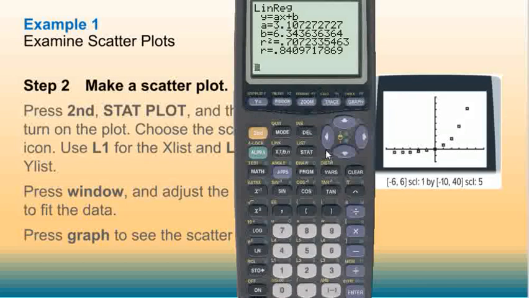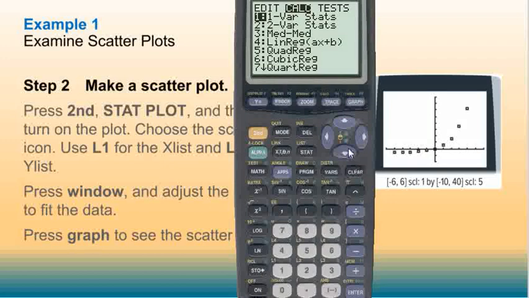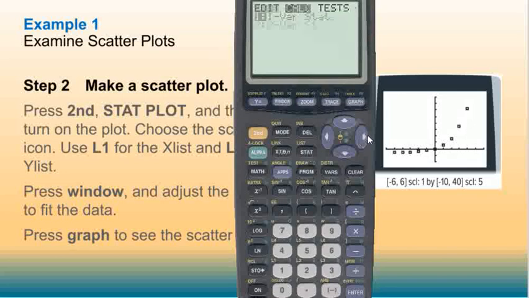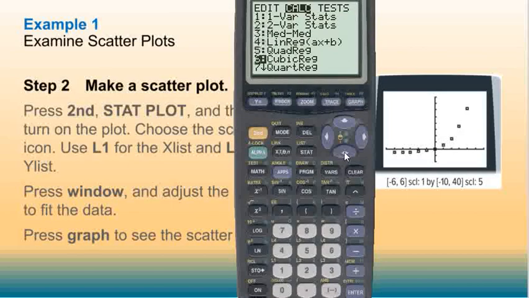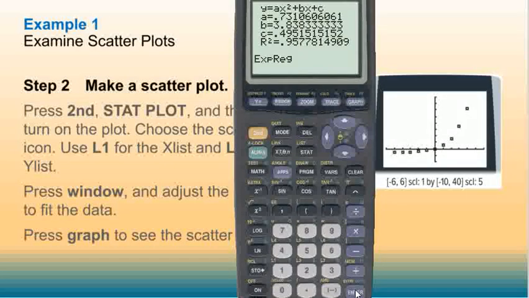I can get closer than that, so I hit stat, calculate, let's do quadratic, which is number 5. Hit enter. This one is 0.957. So that's very close. What about exponential? Yeah, it looks like it's exponential based on what we have. So let's try stat, calculate, exponential. It'd be number 0. Hit enter.